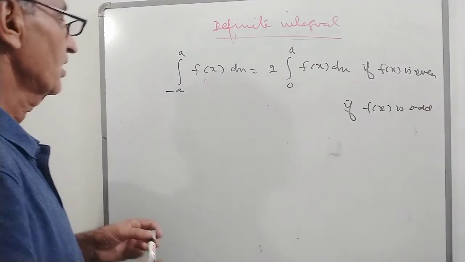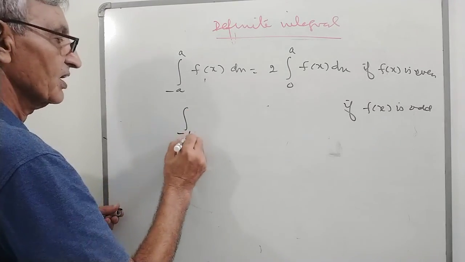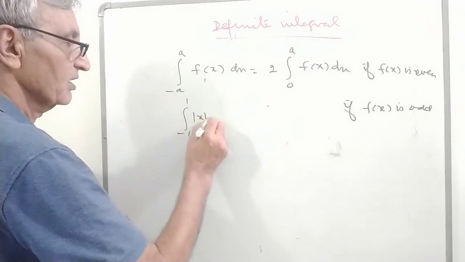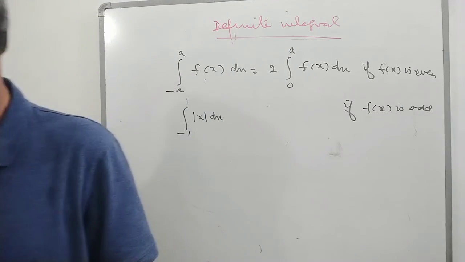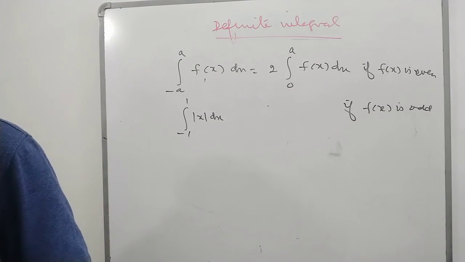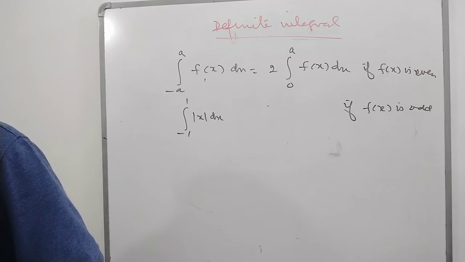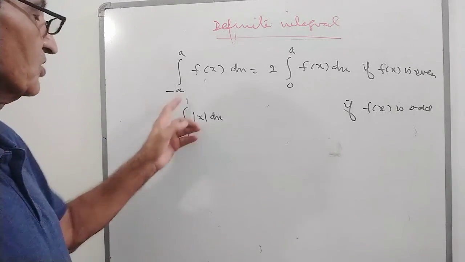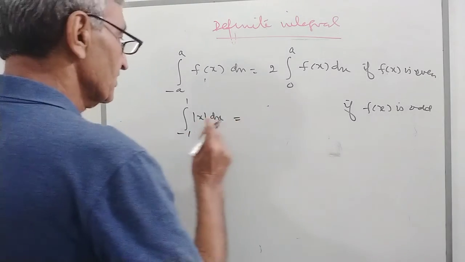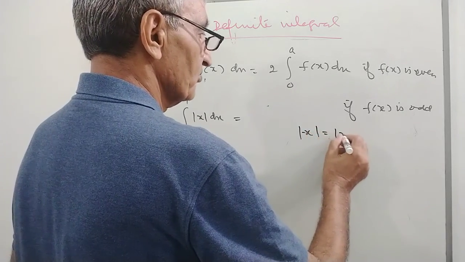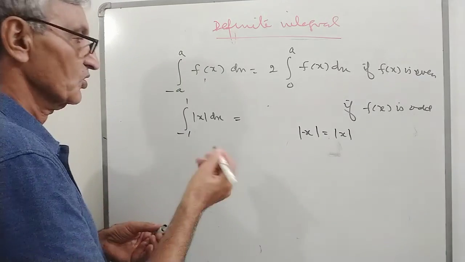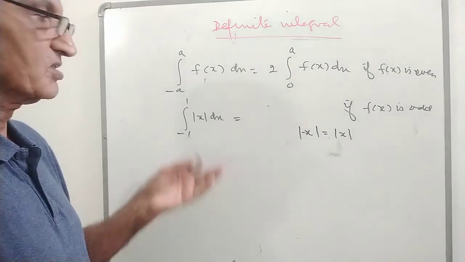Let's say my question is, find the value of the integral from minus 1 to 1 of modulus of x dx. I'll take up this proof in the next video, but I want to do this question. When I put x equal to minus x, modulus of x remains the same, no change. It's an even function.